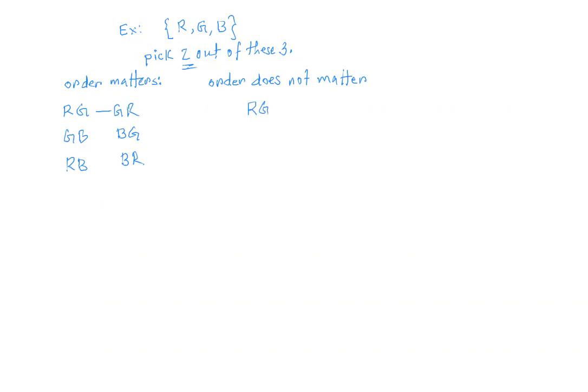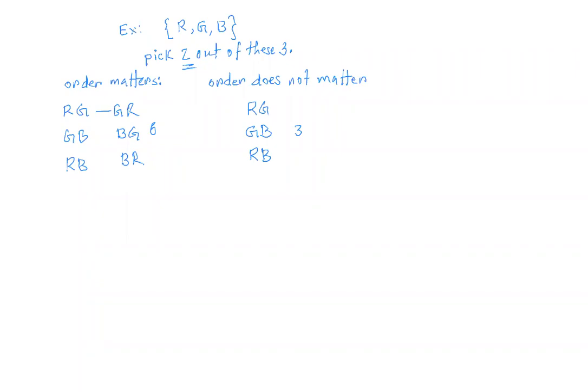GB and BG is the same thing. RB and BR is the same thing. So they merge into one. So if order does not matter, you have three options. If order matters, you have 6 options. So that's what it is.